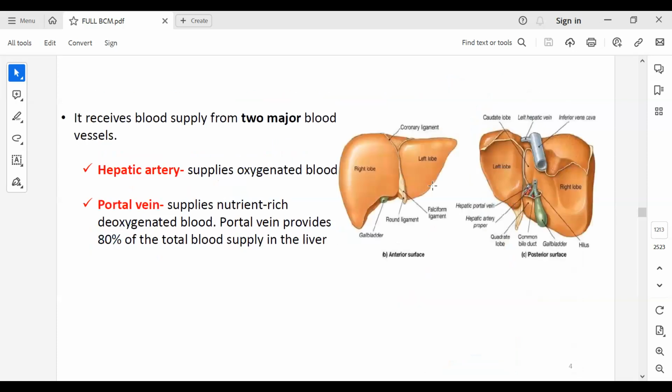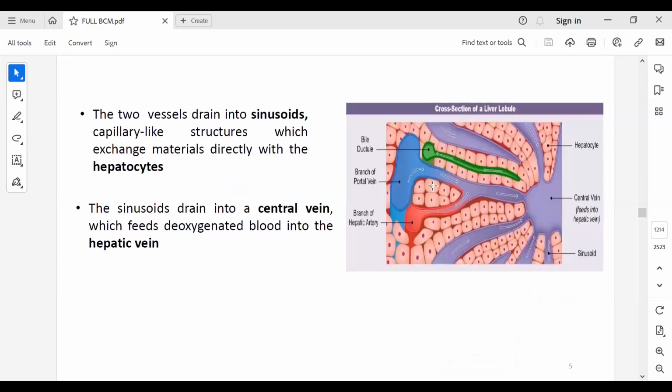These are just basics. And of course, it receives blood from two major vessels. We have the hepatic artery, which supplies it with oxygenated blood. And from the digestive system, the portal vein supplies the liver for the processing of digestive molecules. Again, what drains into the central vein are these cells known as sinusoids.